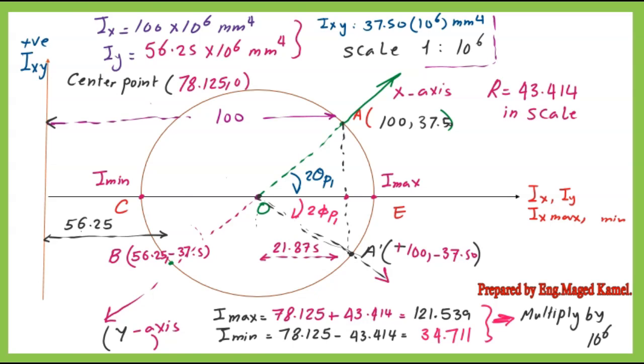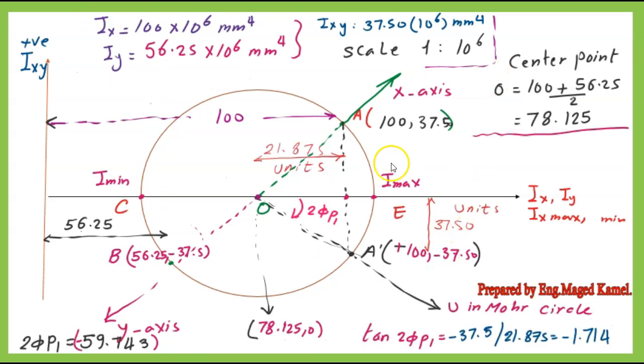The point of maximum value of inertia in Mohr's circle is represented by point E. I minimum equals Ix plus Iy over 2 minus the radius r equals 78.125 minus 43.414 equals 34.711 units. For values of inertia, multiply units by 10 to the 6 mm to the 4. The point of minimum value of inertia in Mohr's circle is represented by point C.